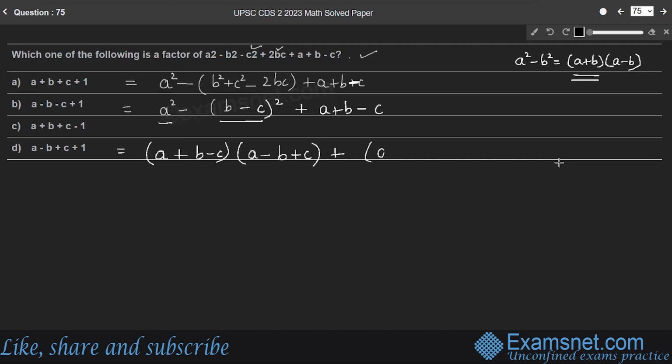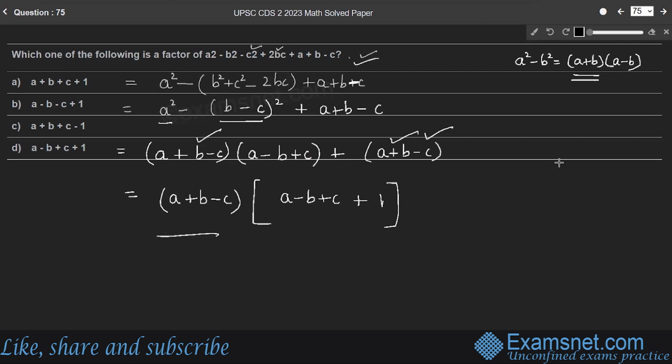Plus the last term is a plus b minus c. We have a common term, which is a plus b minus c. We'll take that out, and the remaining term will be a minus b plus c plus 1. Since a plus b minus c is taken out, we have 1 here in the last term. Therefore, the factors of the given expression are these two.